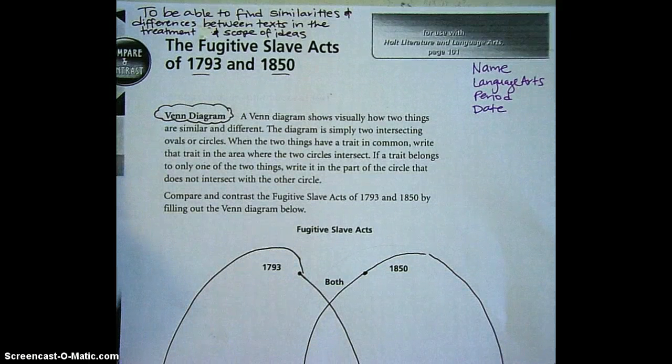A Venn diagram shows visually how two things are similar and different. The diagram is simply two intersecting ovals or circles, or clumps in my version, but it'll do. When the two things have a trait in common, write that trait in the area where the two circles intersect.